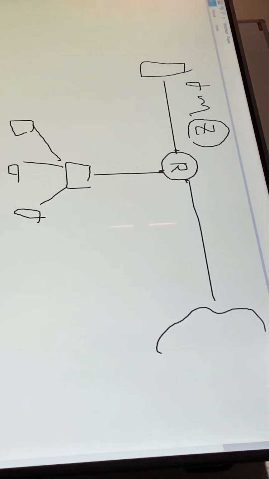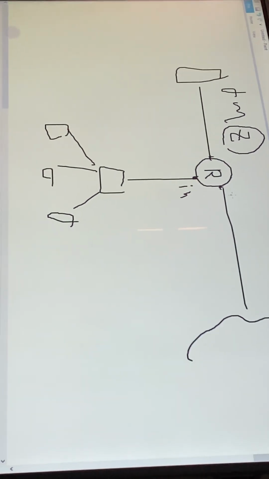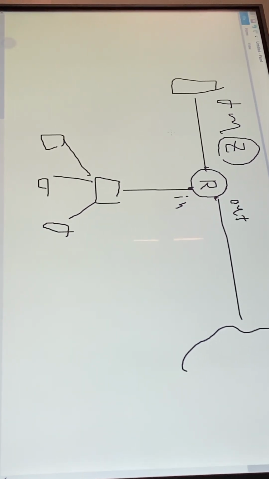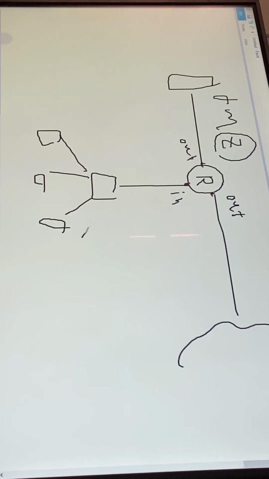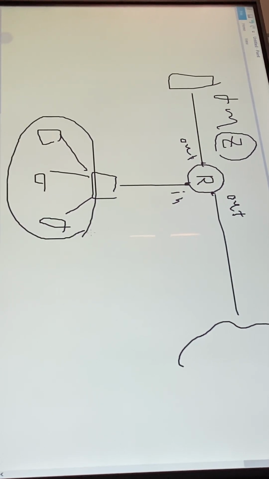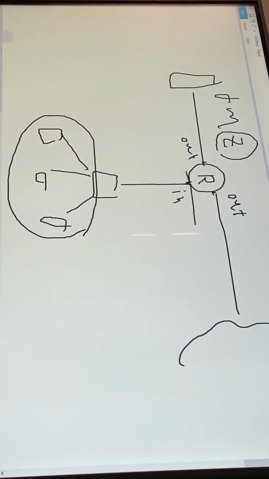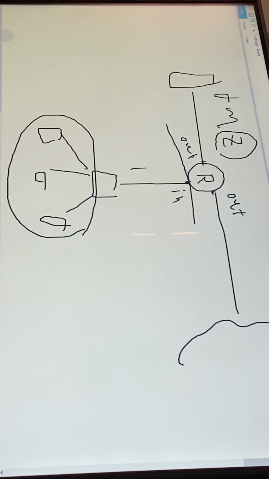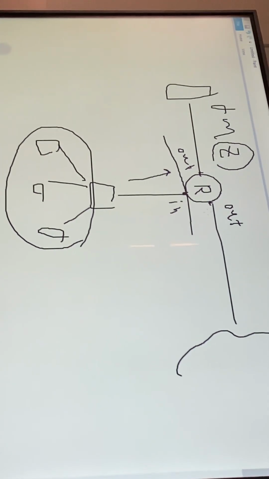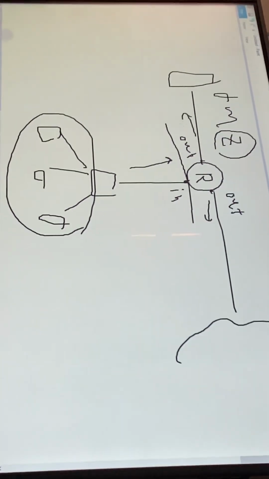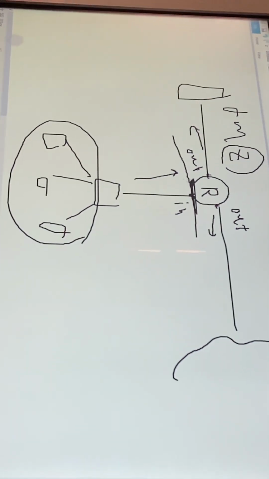Now pay attention. This is the in, this is the out, and this is the out, right? If I want to deny with the access list, and I apply it on the in, the traffic will not pass the router from here or from here, because I denied it from entering the router.